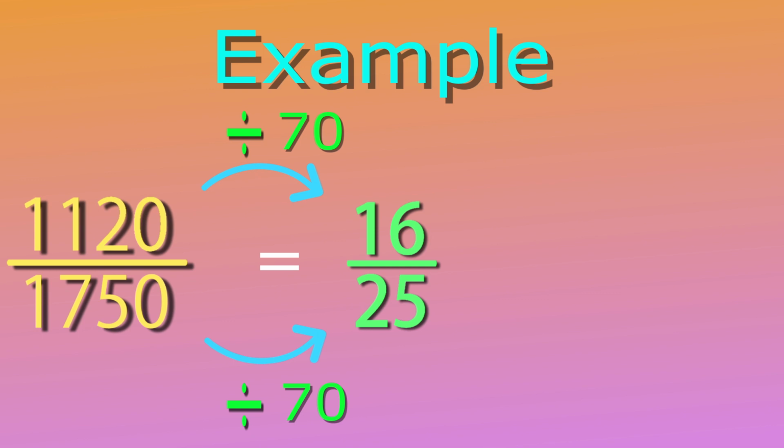Remember, 70 works because it is a common factor of 1120 and 1750, and you must use a common factor or common divisor to divide the numerator and denominator of a fraction if you want to maintain its value and get an equivalent fraction.